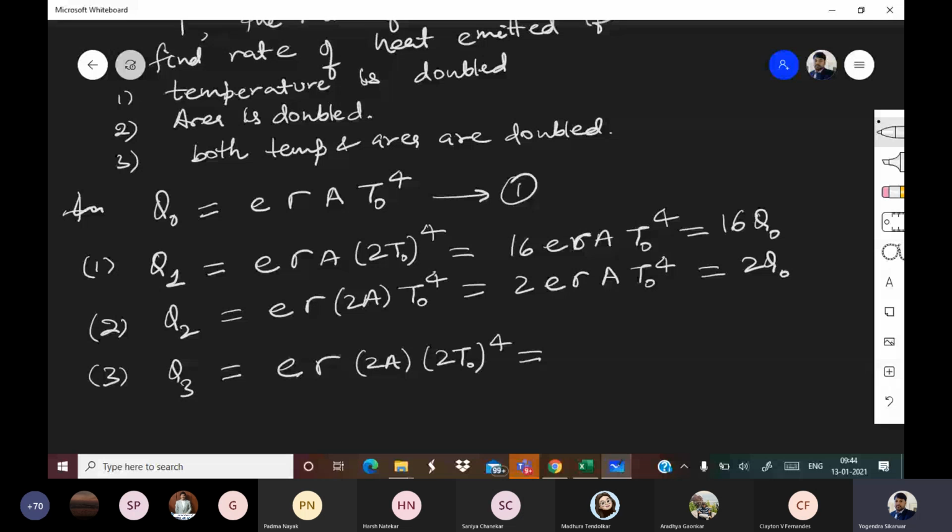So 16 into 2 will be 32 e sigma A T naught to the power 4, and that will be 32 Q naught. Basically 2 to the power 5. Any doubt, any question? Good. Next question.